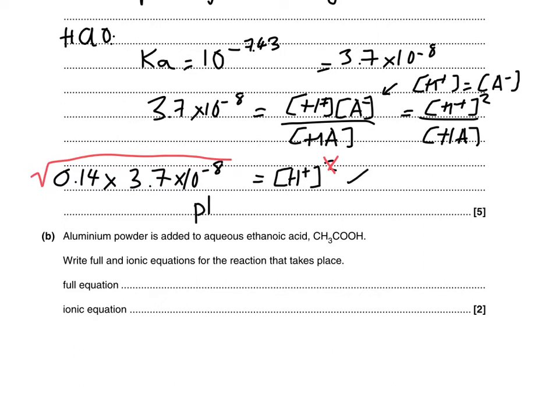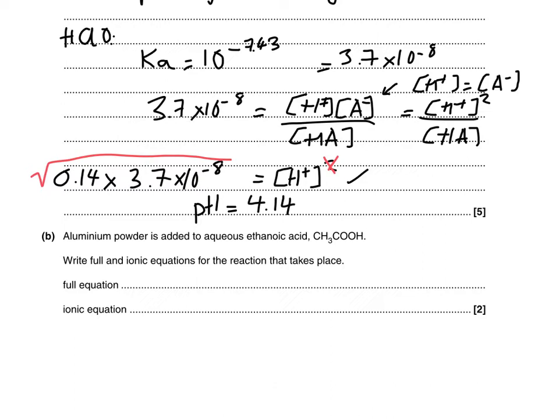Then when you do minus log concentration of hydrogen ions, you should end up with 4.14. If you forget to square root, then you get 8.28.